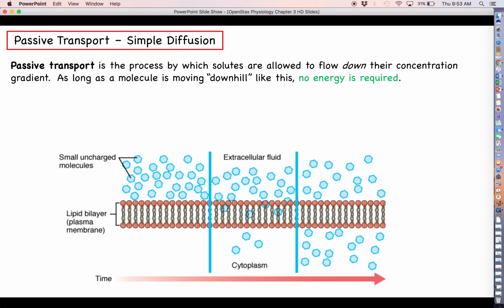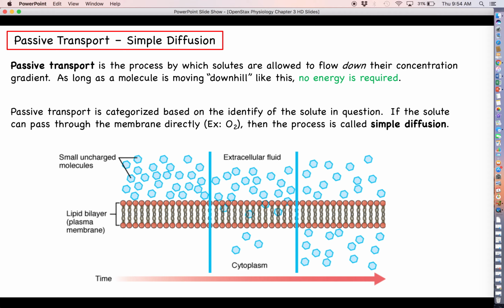You can think of a high concentration as being the high part of a ramp or hill, and these molecules like to roll naturally downhill until they get to the bottom. As long as a molecule is going downhill like this, this process of passive transport, in which molecules move across the membrane from high to low concentration, should not require any energy at all. So it would be similar to a catabolic reaction.